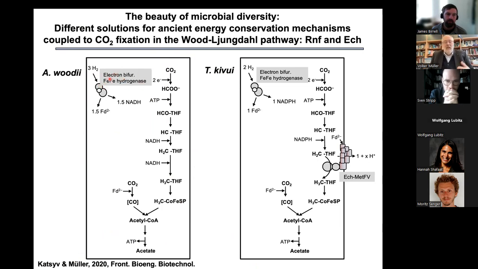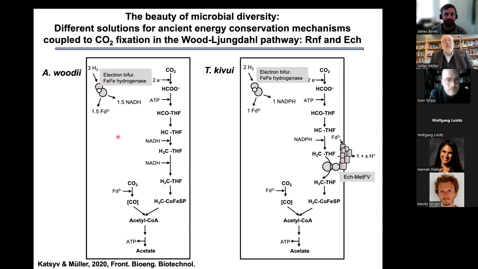And it's a pity that I just learned that Jan Schuller, my collaborator from the University of Marburg, who was supposed to give a talk later this afternoon, on the structure of electron bifurcating hydrogenases from woodii and kivui that we actually solved recently, and we did quite a bit of site-directed mutagenesis to figure out the mechanism of electron bifurcation, will not be able to talk about that. I just learned that 10 minutes ago. If I would have known, I would have been able to show you a couple of slides on the structure of the electron bifurcating hydrogenase, because that was mentioned already in the talks before.